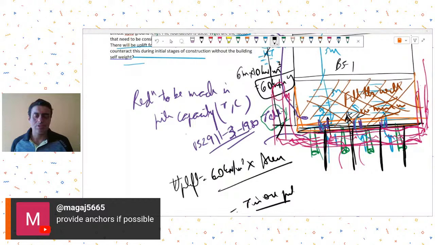Since you are providing piles, I'm assuming the strata is such that anchoring may not give you a good enough uplift capacity. Okay, good. So these can be a few of the possible solutions you can think of. Moving ahead.